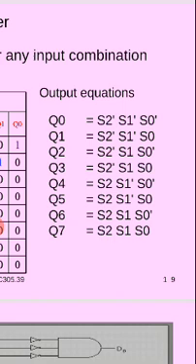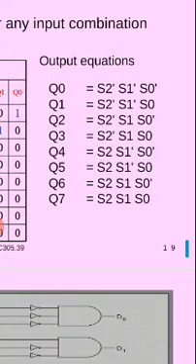Output equations from the truth table. For Q0, S2 complement, S1 complement, S0 complement, because all are zeros. For Q1 equal to S2 complement, S1 complement, S0. For Q2 equal to S2 complement, S1, S0 complement.